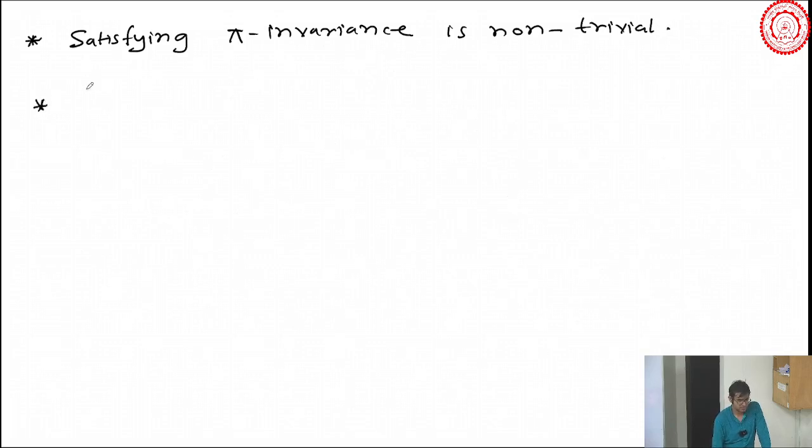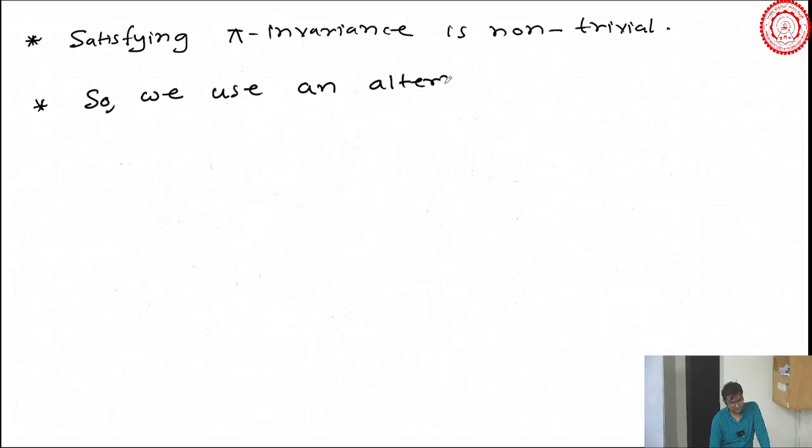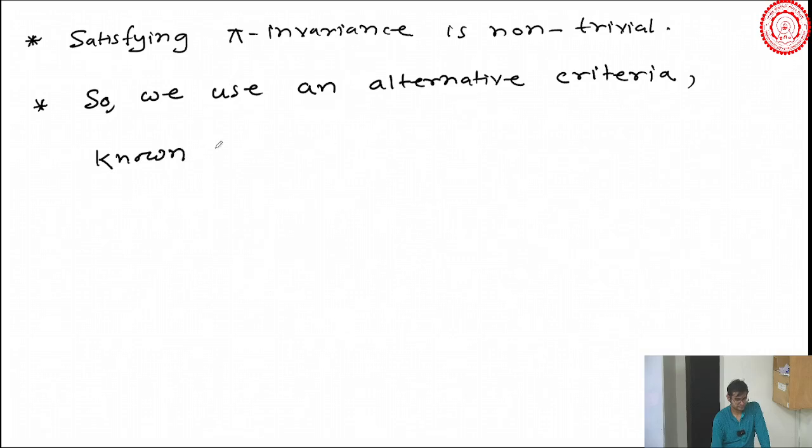So we use an alternative criterion which guarantees pi invariance, and I will prove that, known as detailed balance.